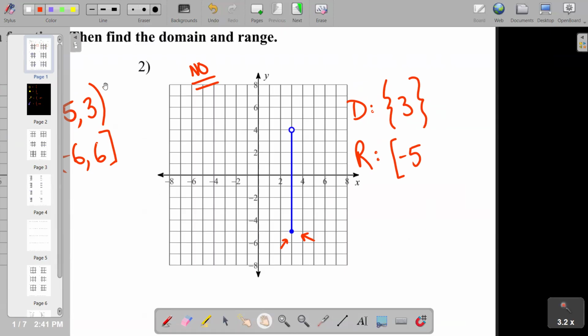If I asked you guys all to point to what you deem to be the highest point on this graph, barring some sort of weird alien invasion that takes over your brain, every one of you would point at that dot right there. What is the height or y coordinate of that dot? Therefore, the range goes continuously from -5 up to 4. Will this bracket be rounded or a hard square bracket?